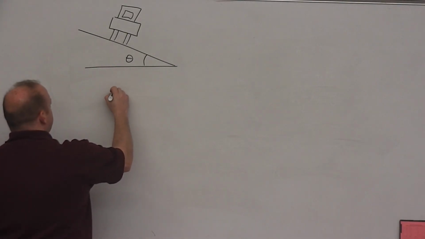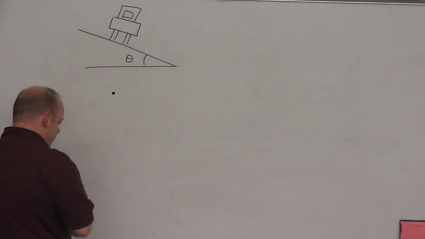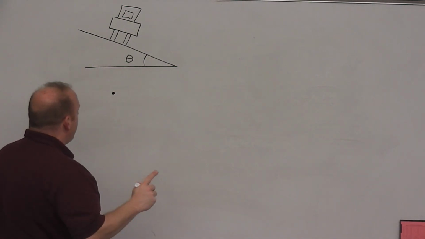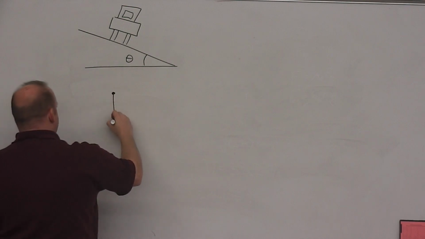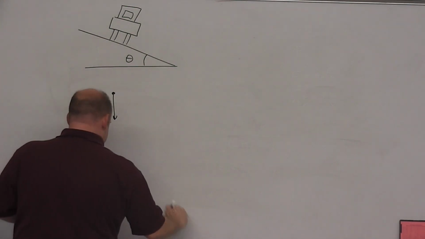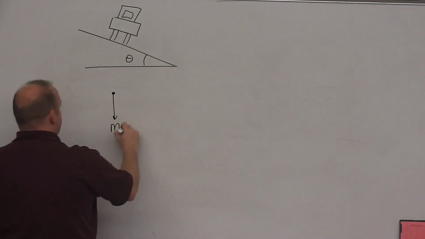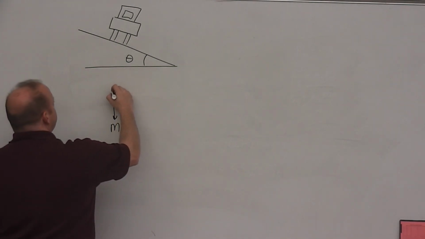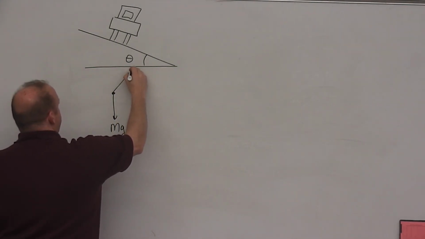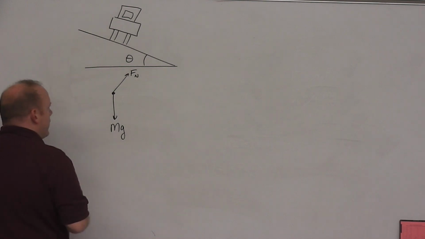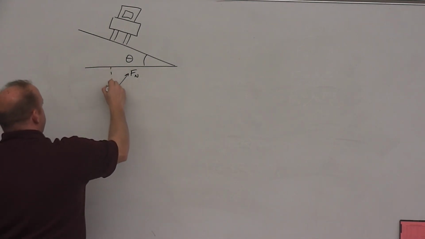So here's my car. I'm just going to make a free body diagram. I'm going to use a dot, a little bit easier to see. I've got mg that acts down on the car, and I've got the normal force that points up, and it's going to be at an angle.